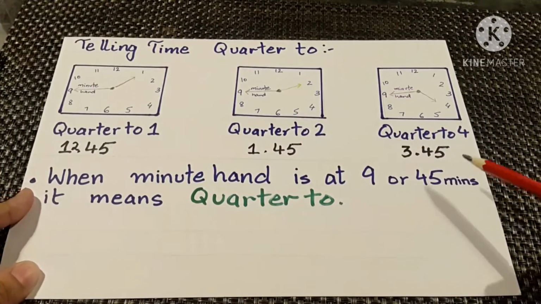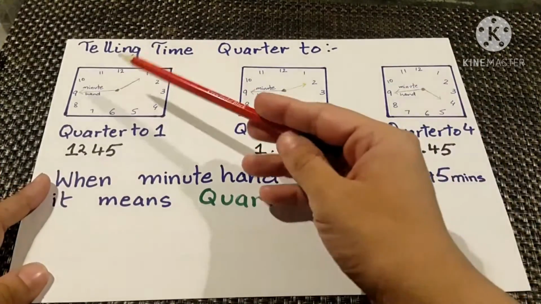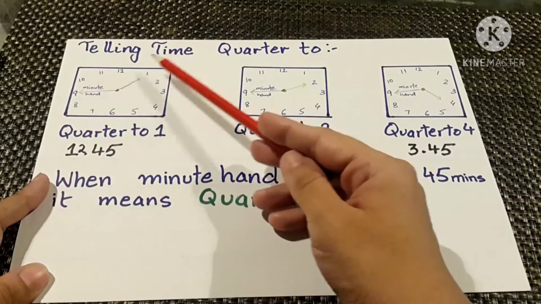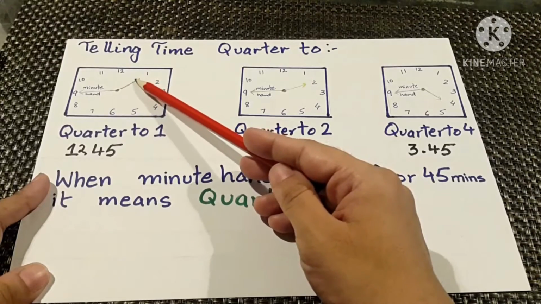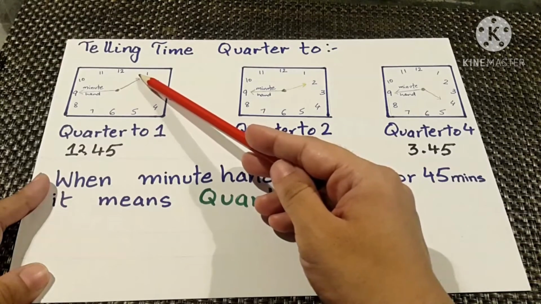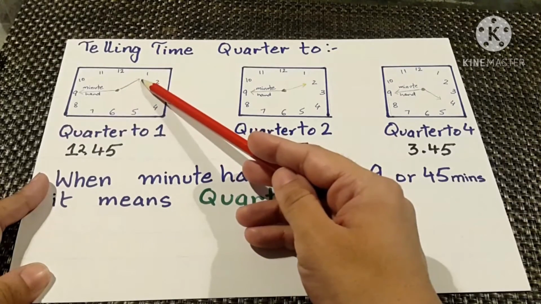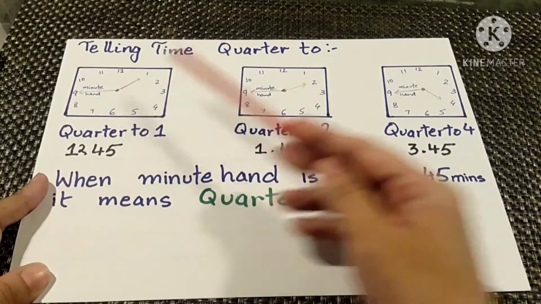Telling time, quarter to. Now in this clock you can see the minute hand is pointing towards 9 and the hour hand is pointing towards 1, closer to 1. The time is quarter to 1, which is 12:45.